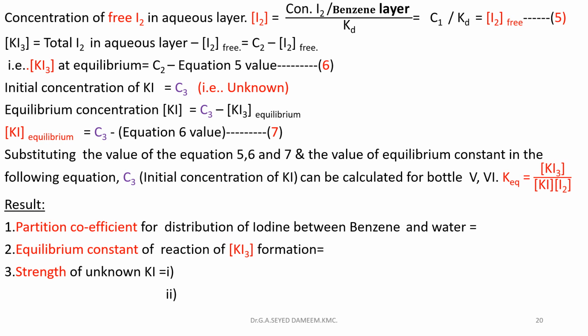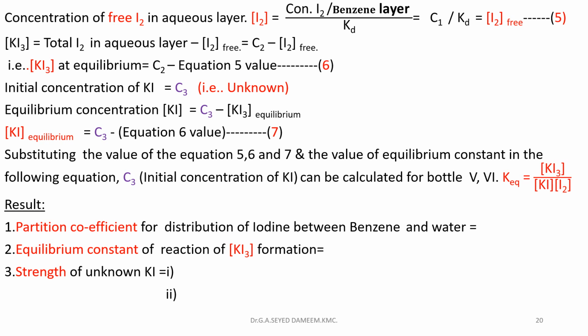Now let the initial concentration of KI, which is unknown, be C3. The equilibrium concentration of KI, that is the concentration of iodide at equilibrium, is C3 minus the concentration of KI3 at equilibrium, given by C3 minus the equation 6 value. Let this be equation 7.